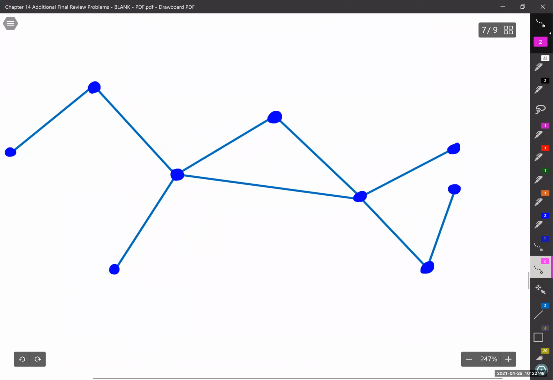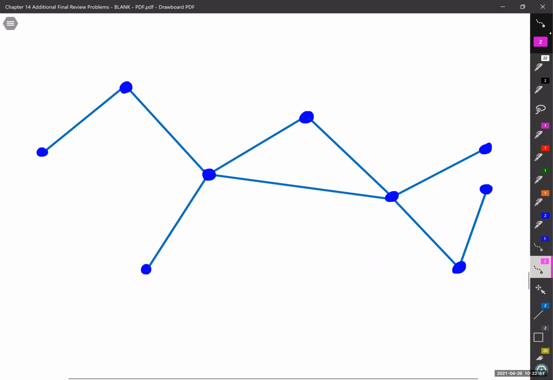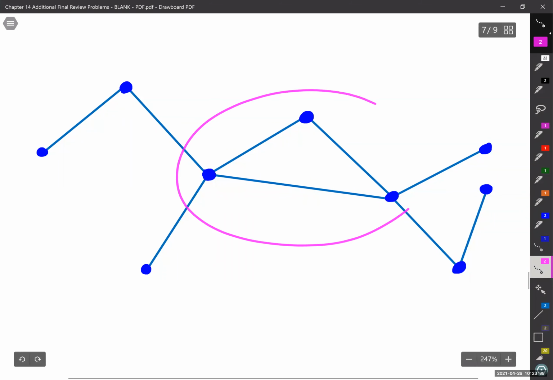Now, if y'all would think about whether this graph is a tree. So in considering whether this is a tree or not, do we agree our focus would be here?